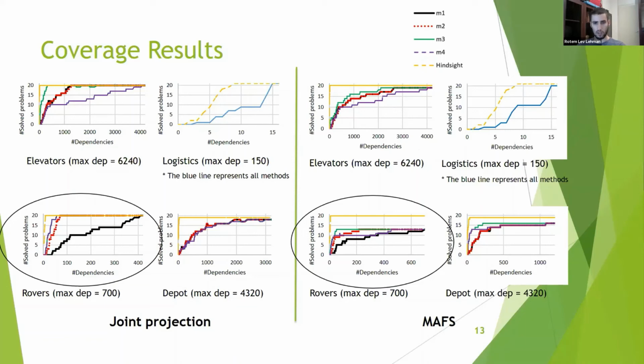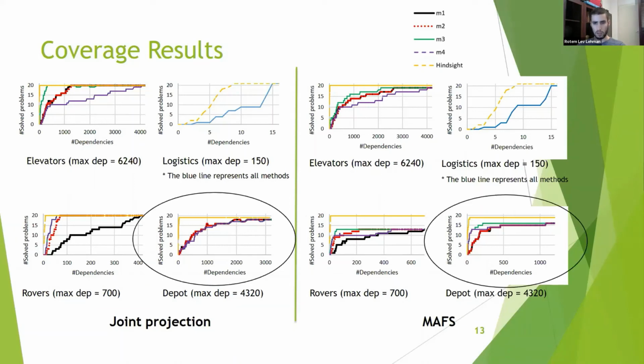As you can see in the joint projection planner, M3 and M4 perform the same, while in MAPS, M4 performs worse than M2. In the depots domain, all methods perform much worse than the hindsight, leaving much room for improvement in this domain.